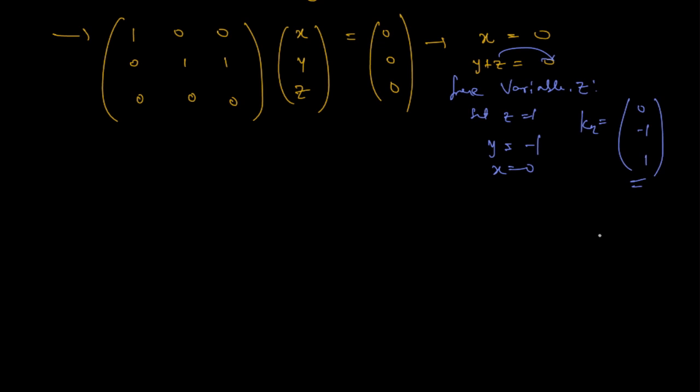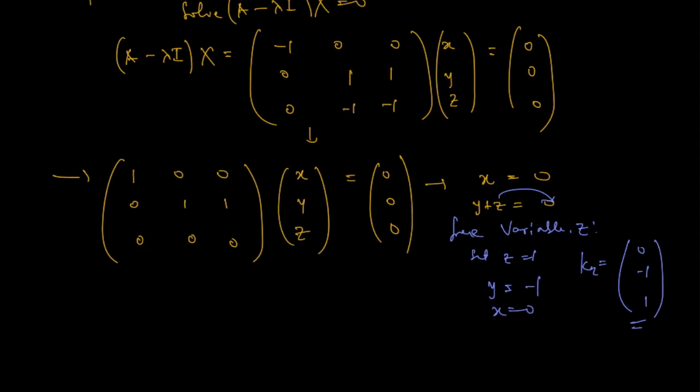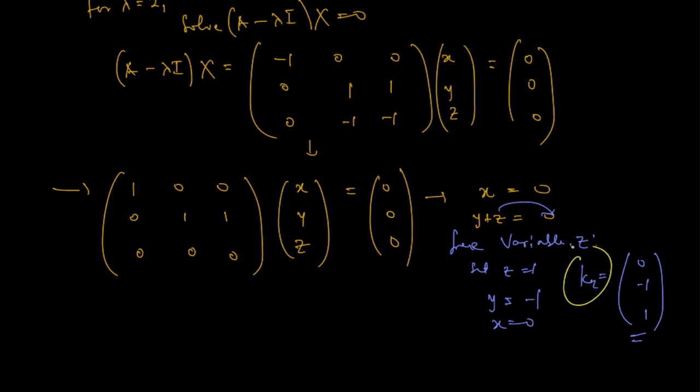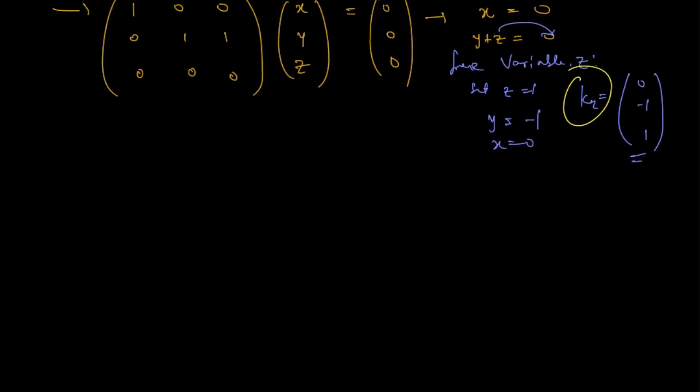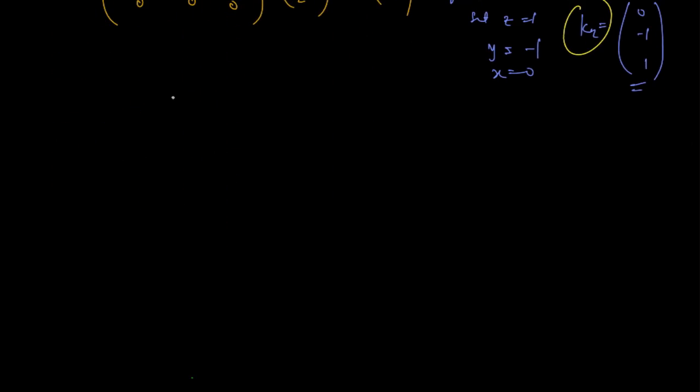Since we do not have the third one, to find it, you recall that the k2 I obtained here was gotten from the equation A minus lambda I times k2 equals 0.